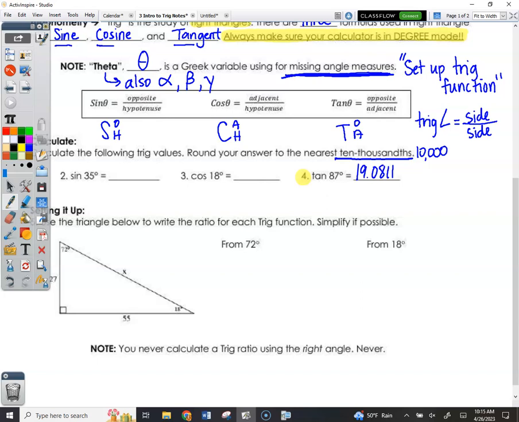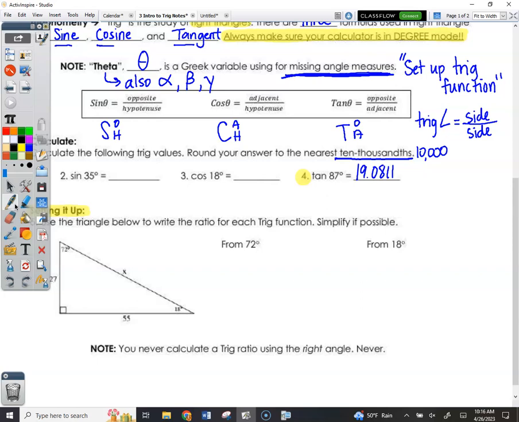Now come right here. This is where we're going to practice setting it up. And this is what I mean by set up the trig function. We have a picture here of a triangle. The directions say, use the triangle below to write the trig ratio for each trig function and simplify if possible.